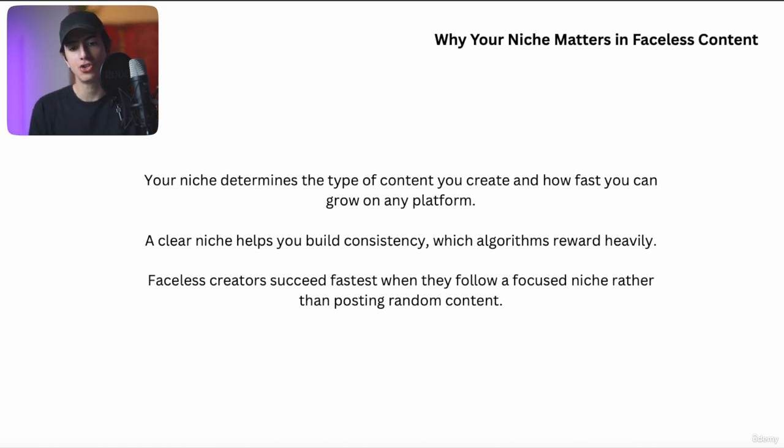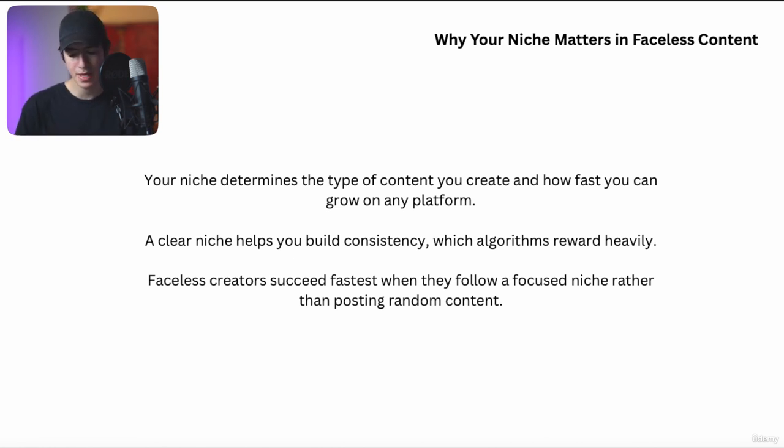A clear niche helps you build consistency, which algorithms reward heavily, because audiences reward consistency heavily. Faceless creators succeed fastest when they follow a focused niche rather than posting random content.